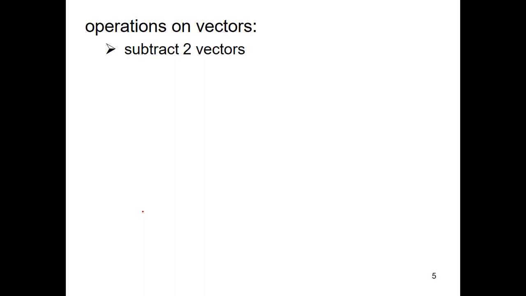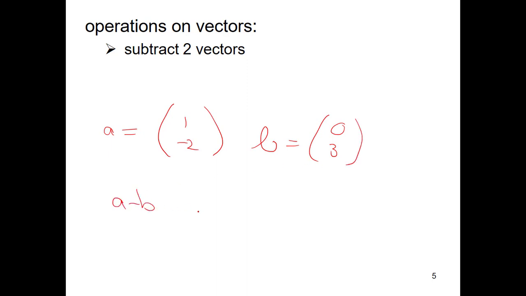We could also subtract two vectors, and in fact that's basically the same thing as adding vectors. So let's do the same vectors as we just did. So we have A being 1, minus 2. We have B being 0, 3. And if we now subtract the vectors, again, we start from A at some point. So 1 to the right, 2 to the bottom.